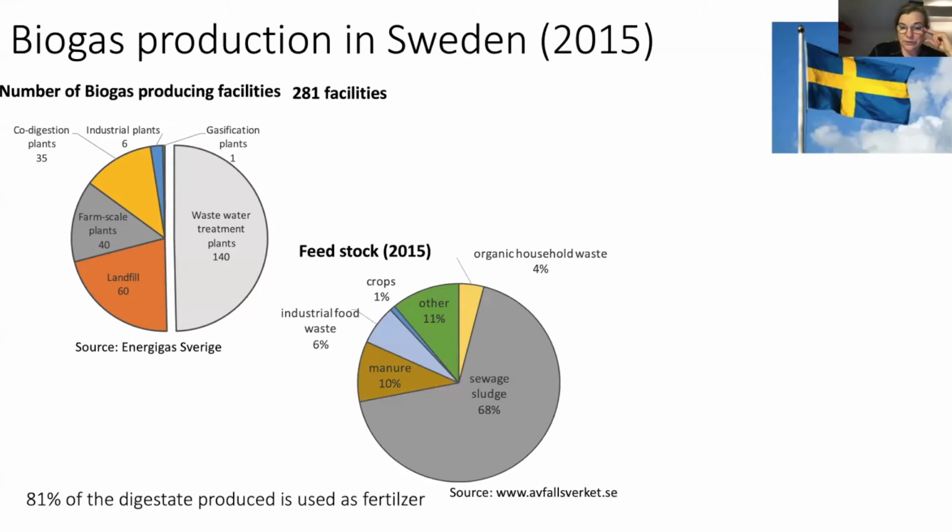The feedstock we are using is mainly sewage sludge. We're using manure, industrial food waste, and a very, very small proportion of crops, as this is not allowed in Sweden. They can only use it in the farm-scale plants to balance a little bit with the manure, so that the nitrogen-carbon balance fits.